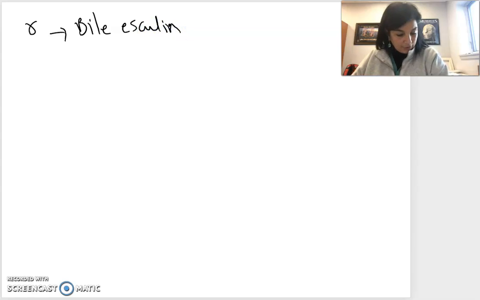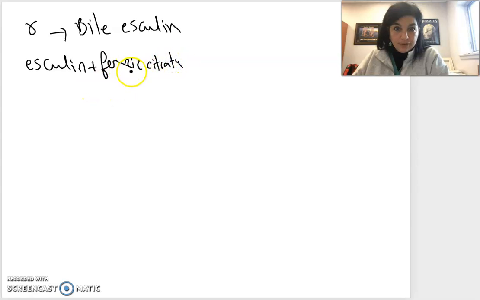So if esculin is produced by the cells, esculin in the presence of ferric citrate, which is available in the medium as iron, we're going to end up having a black precipitate.